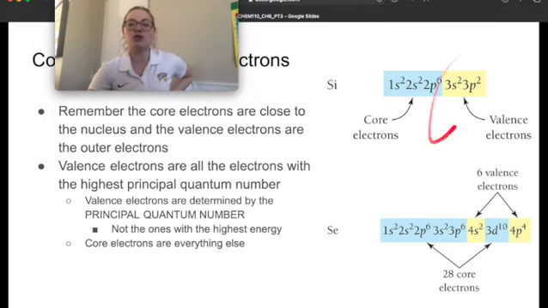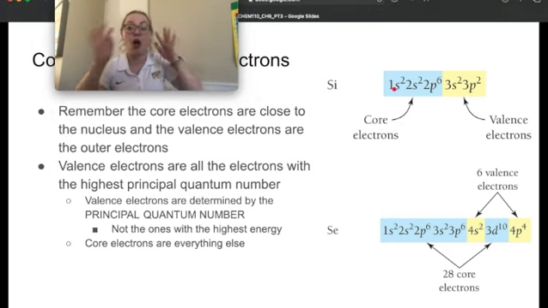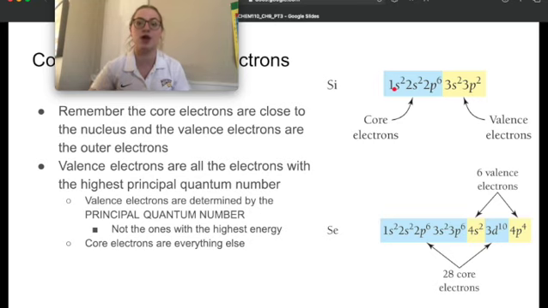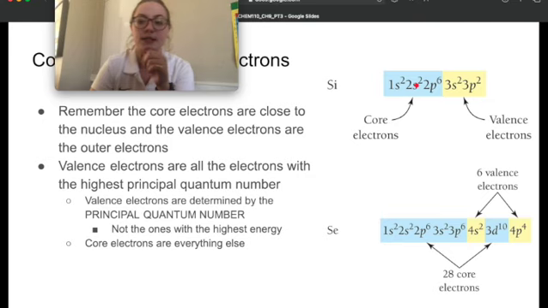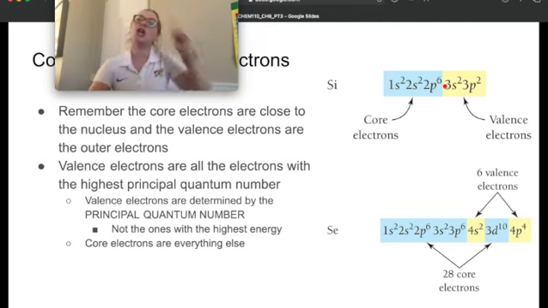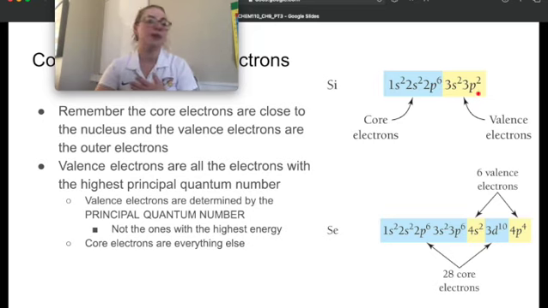So we've got two different images on your screen when we're talking about core and valence electrons. Silicon here, this is the electron configuration for silicon. It says 1s2, 2s2, 2p6, 3s2, 3p2. Those core electrons are going to be the 1s2, 2s2, 2p6, and we know that those are the core electrons because they do not have the highest principal quantum number.